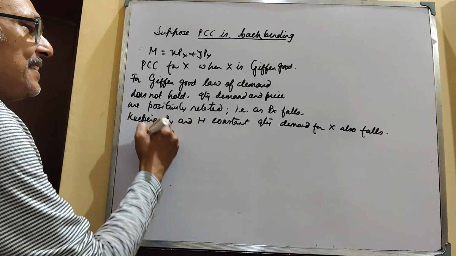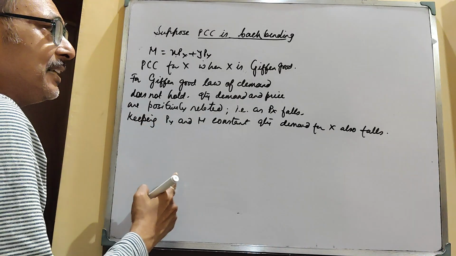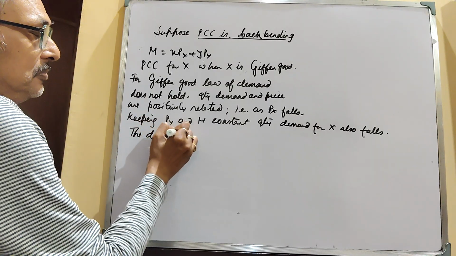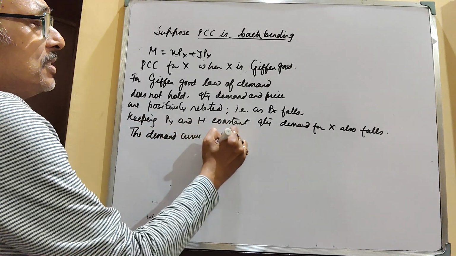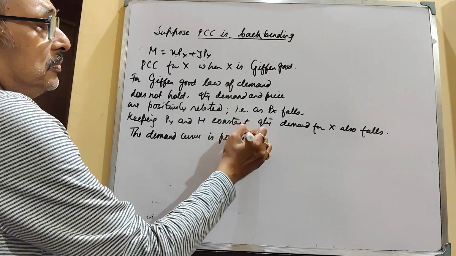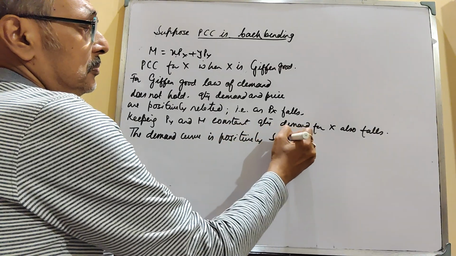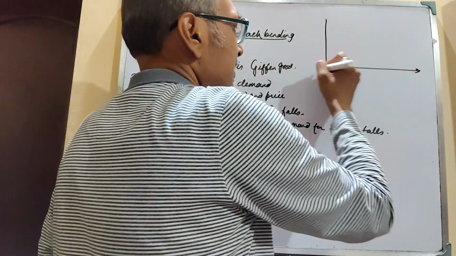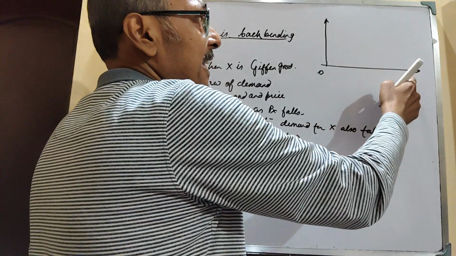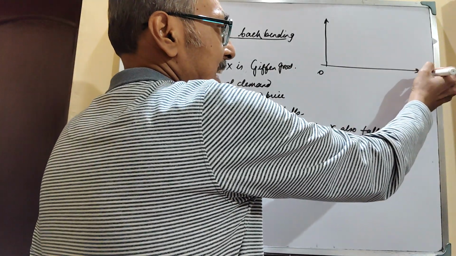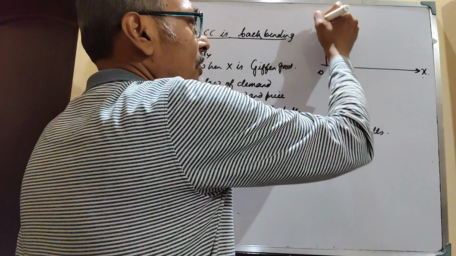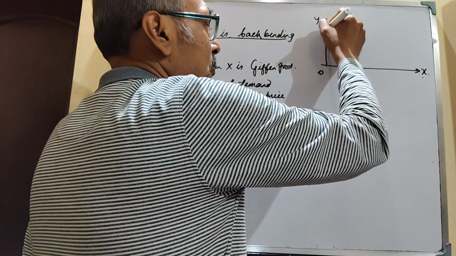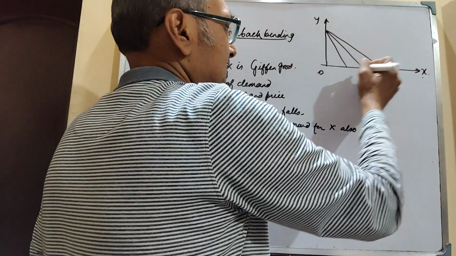That is, the demand curve is positively sloped. Now I am drawing the graph of PCC. PCC is always drawn in the commodity space, that is, X on the horizontal axis and Y on the vertical axis. And the demand curve is drawn in the quantity-price space.